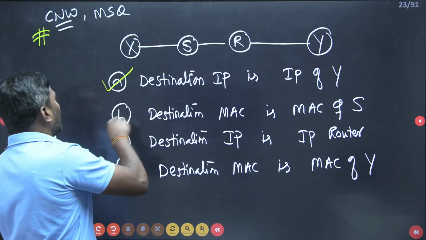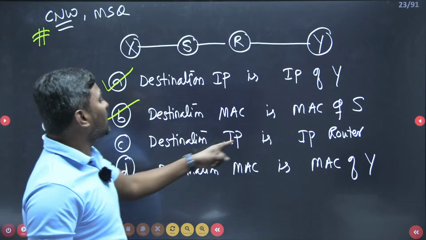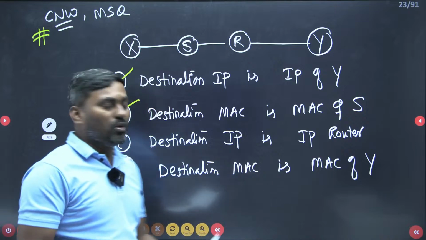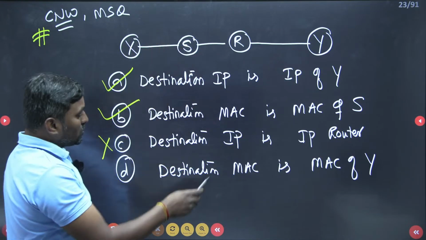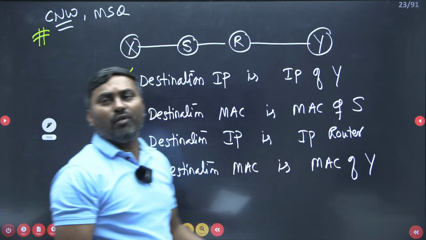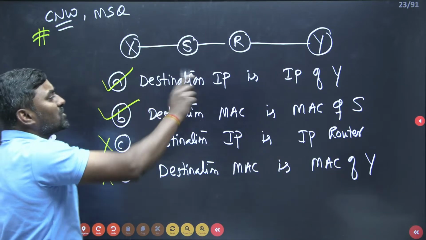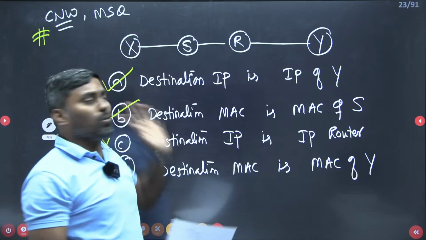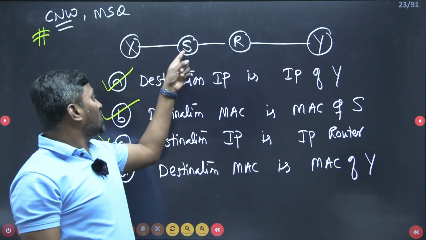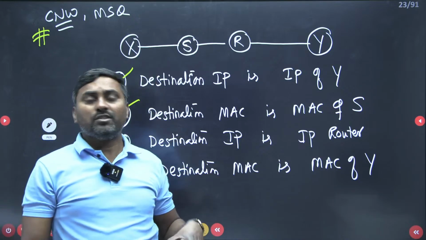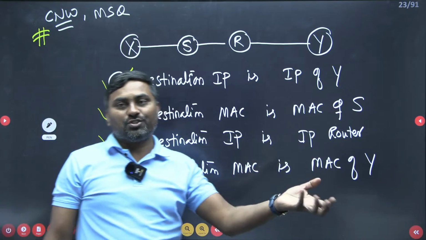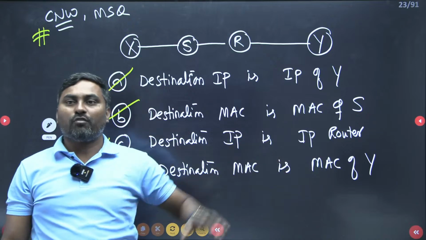So this is right. The destination IP address is not the router's IP address; directly the destination IP address we have. Destination MAC address is MAC address of Y: the MAC address of the destination won't be available with the source, and by broadcasting an ARP request we only get the nearest router or switch, and we forward the packet.